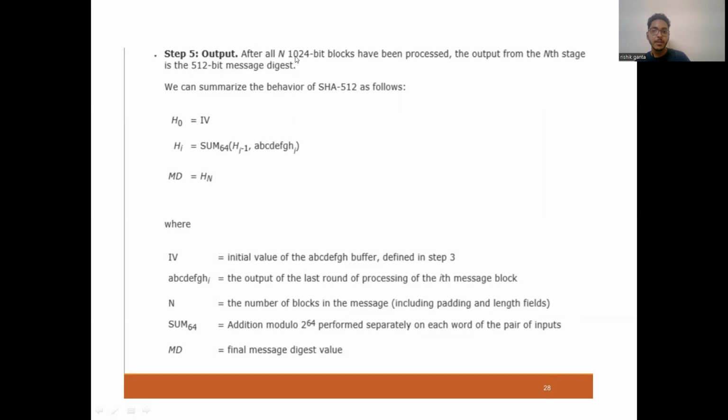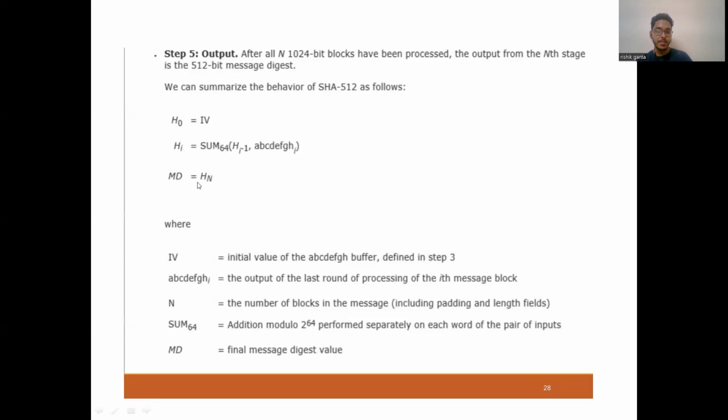Step 5: after all the N 1024-bit blocks have been processed, the output from the Nth stage is the 512-bit message digest. Here we can summarize the behavior of SHA-512 as follows: H0 is the initial vector, or IV; Hi is the sum 64 of H(i-1) and the ABCDEFGH output. This is the 64-bit register.